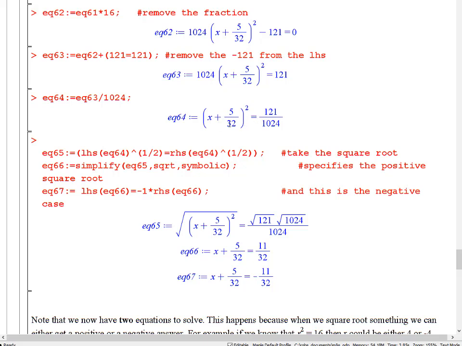When you take the square root, it could be positive 11 over 32 or negative 11 over 32.